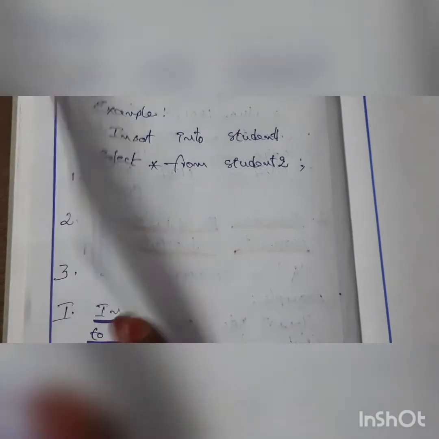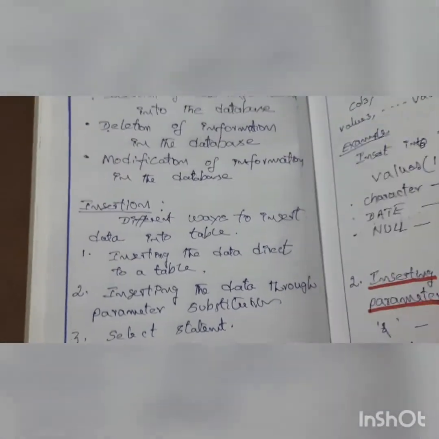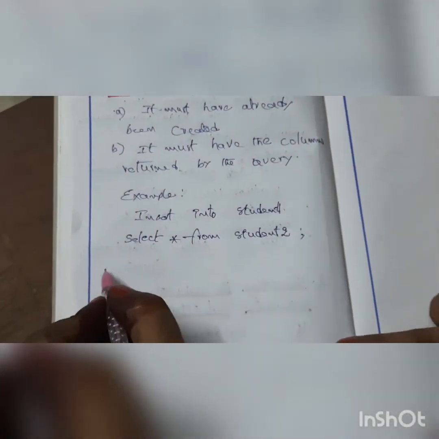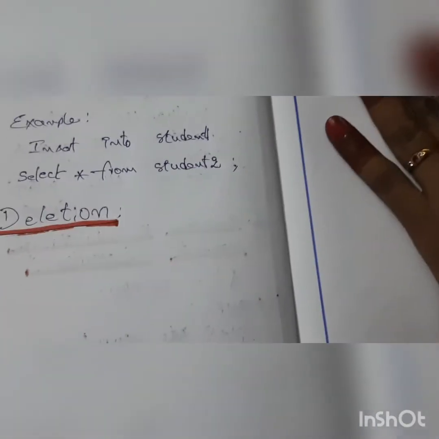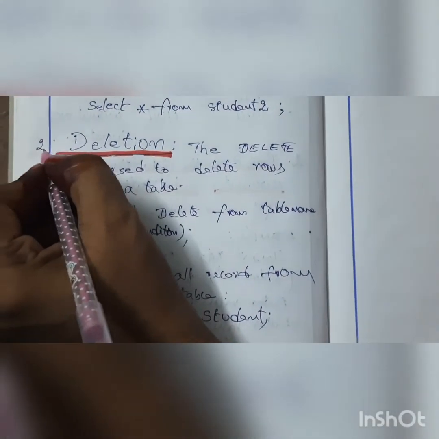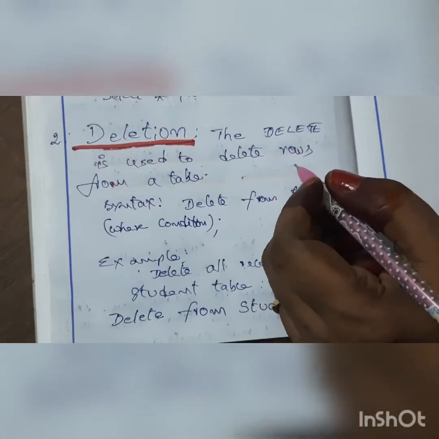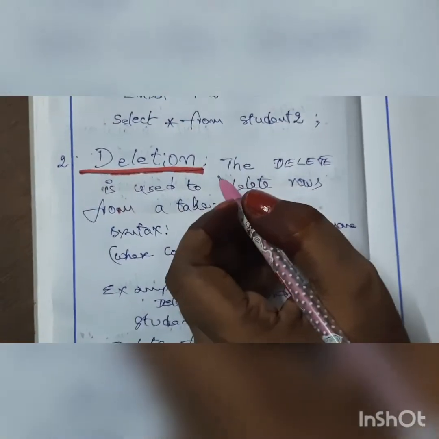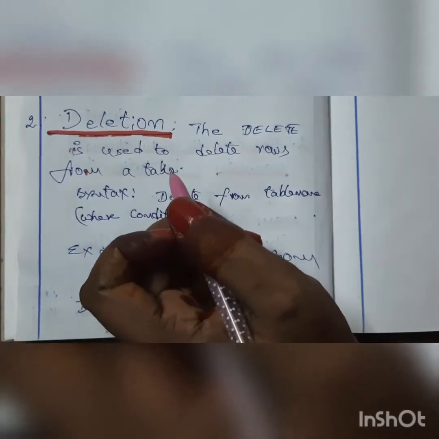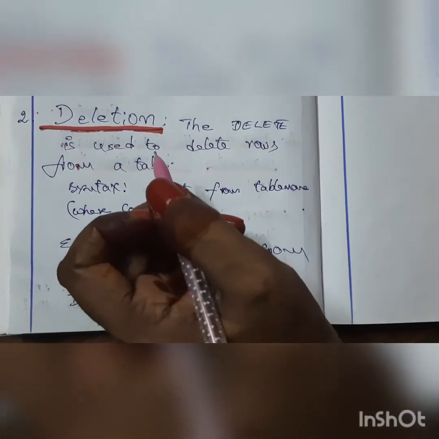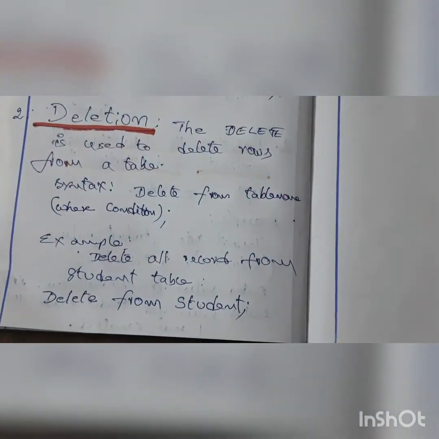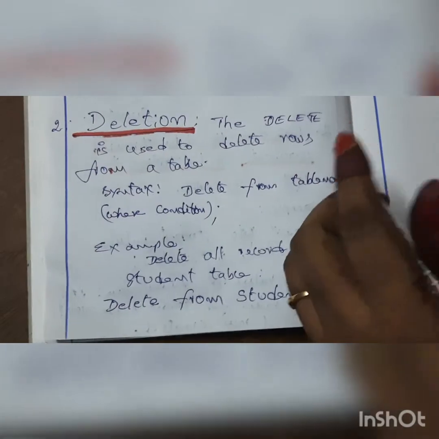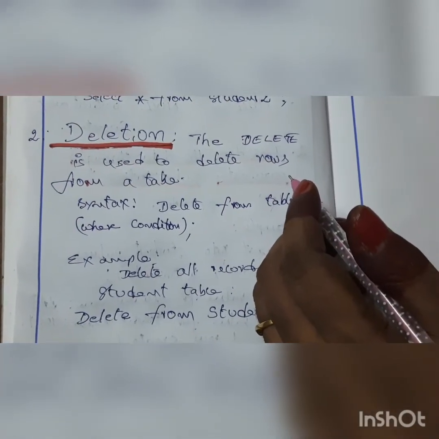Next DML command, the deletion command. The delete command is used to delete rows from a table. To delete rows from a table, the table must be in your own schema, or you must have the delete privilege on the table.